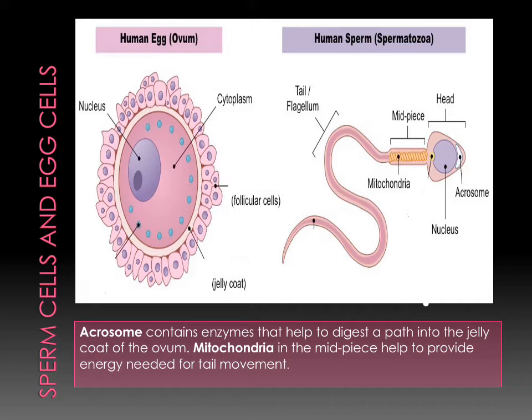The jelly coat is a barrier, and the sperm that is quick enough to digest its way into this barrier will be the first one to enter the egg. And when it enters, the egg is now fertilized and no other sperms will be able to enter the egg. So it's a mechanism by which the egg ensures that only one sperm can enter and fertilize it. All right. This is the shape of the sperm cells and egg cells.